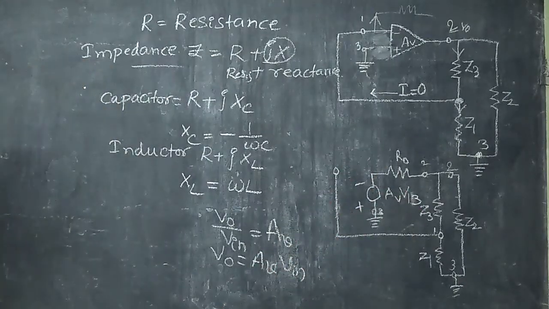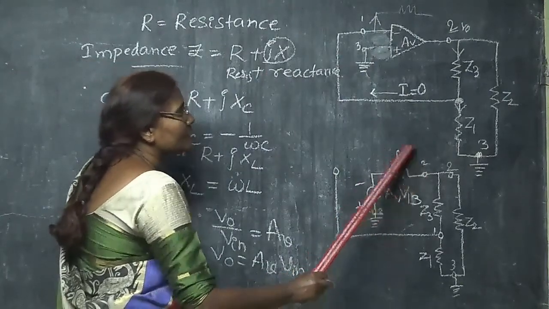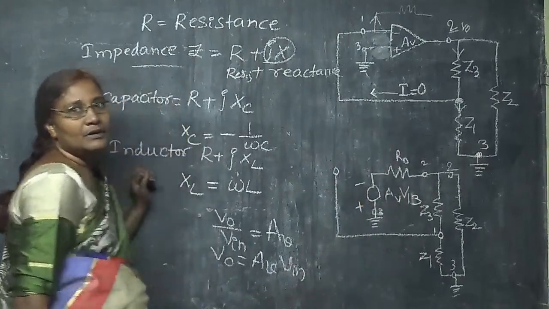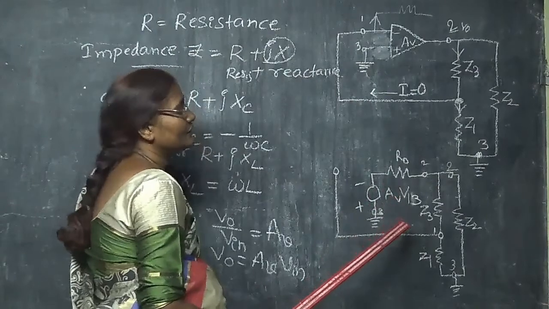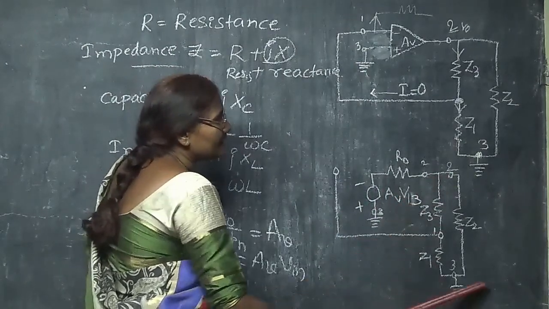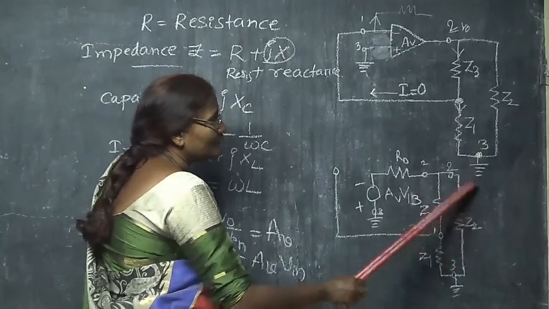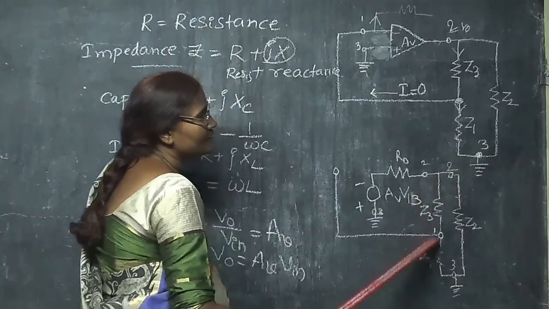So he wrote that. Next, R0 is the output impedance of the circuit, the output resistance of the circuit. And here, Z3, Z1 and Z2 together are considered as the load impedance ZL.